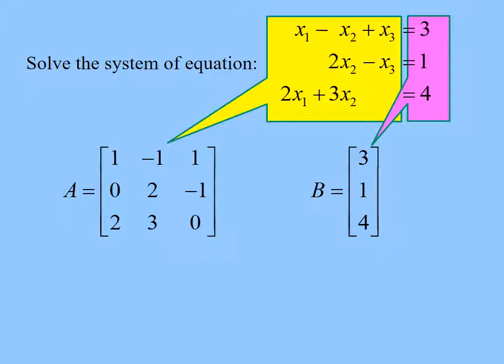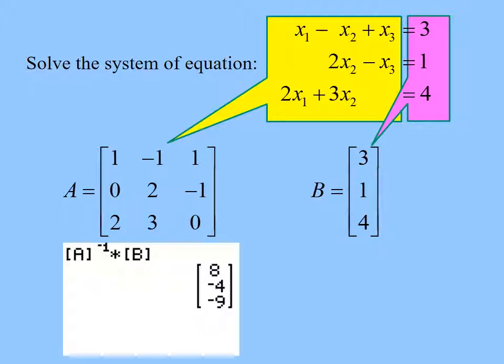A inverse times B. So if I take out my calculator and do A inverse times B, after having typed those into my calculator, this is what I would come out with. Now the answer matrix, 8, -4, -9, means that x1 is 8, x2 is -4, and x3 is -9.